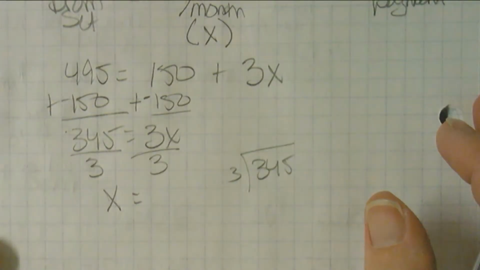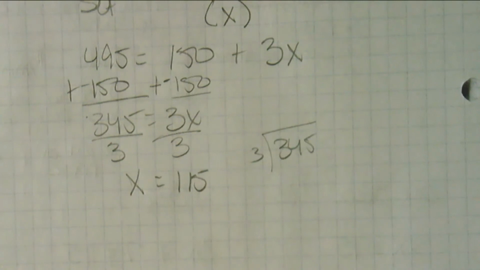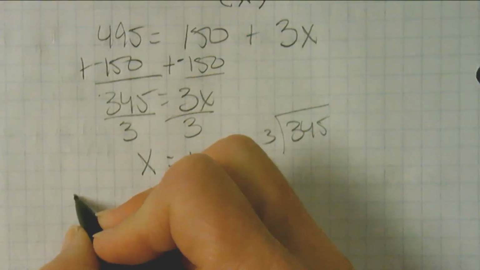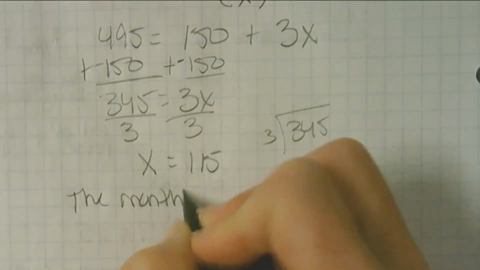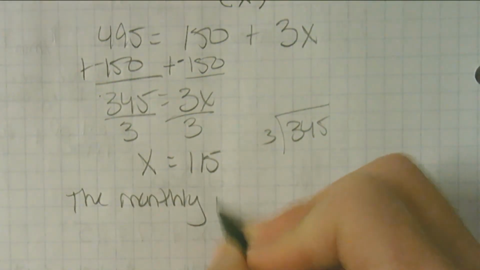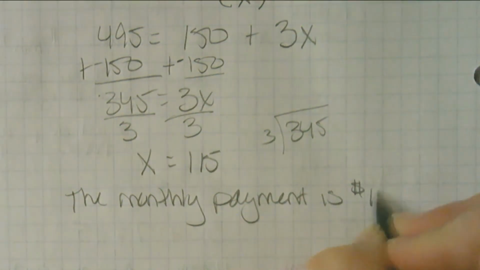It stopped at 115? Awesome. So I have 115. So someone explain to me, AJ did the hard work on that. What does that answer mean? Cullen? That our monthly payment is $115. Excellent. The monthly payment is $115.